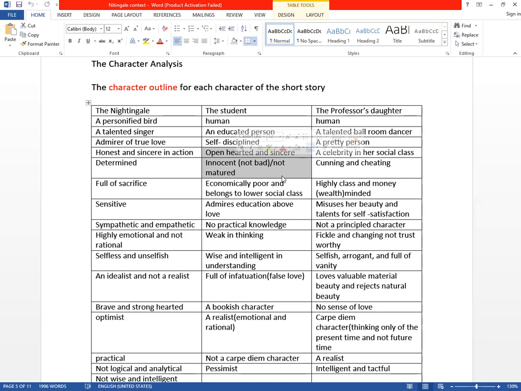But the young student is not self-sympathetic about his social and economic conditions.